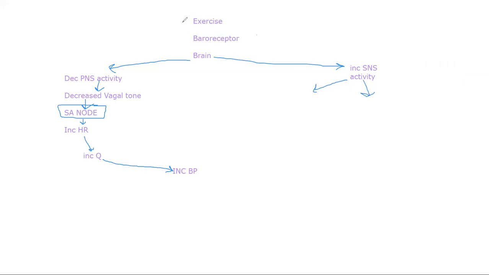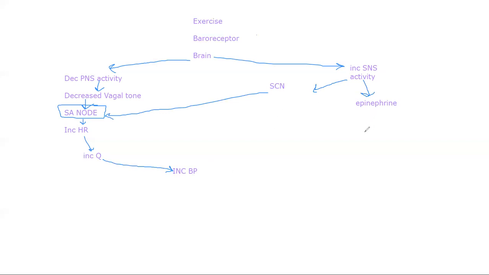Epinephrine and cardiac nerve. What does the sympathetic cardiac nerve act on? SA node, which causes increased heart rate, cardiac output, and blood pressure.